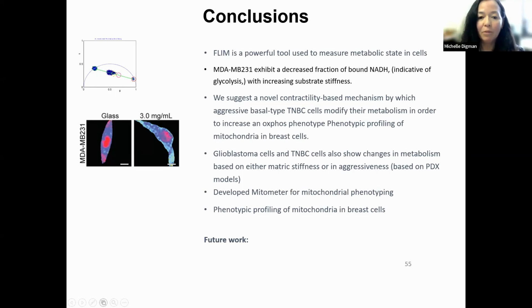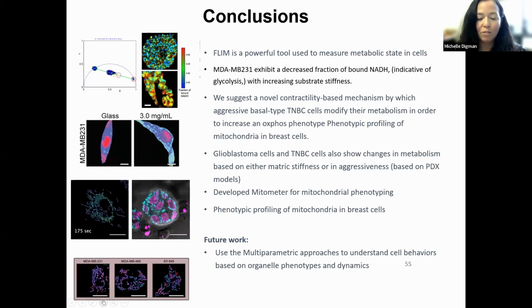And then we were able to use glioblastoma cells and triple negative breast tumor cells based on the PDX models to also see that metastatic cells seem to be more oxphos, and we can shut down the oxphos pathway and we see fewer cells going to the distal organ sites. We've developed Mitometer for mitochondrial phenotyping and profiling in breast cancer cells. And of course, the future work would be to maybe use a more multiparametric approach to understand cell behaviors.